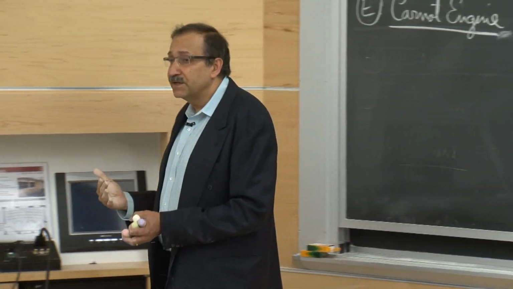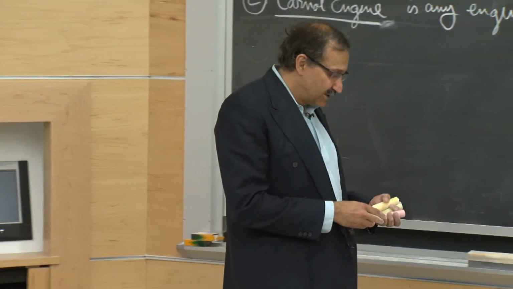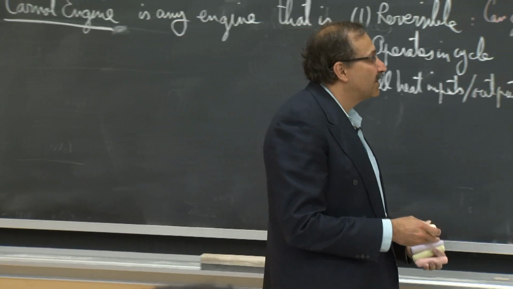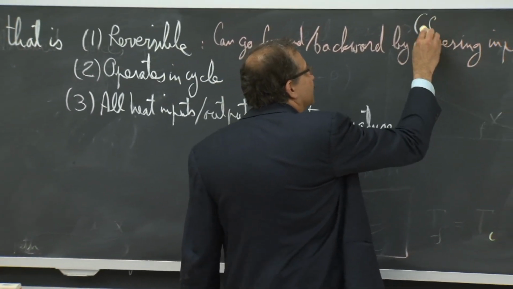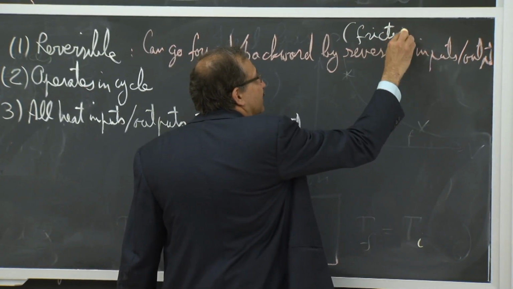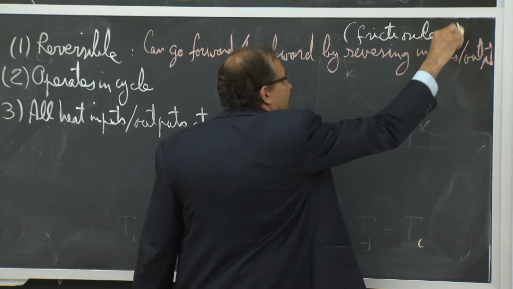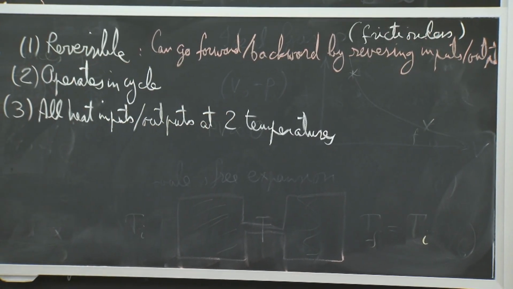If there is any friction involved, then I cannot do that. So essentially, this reversibility is some kind of a generalization of the frictionless condition that we would use in mechanics.